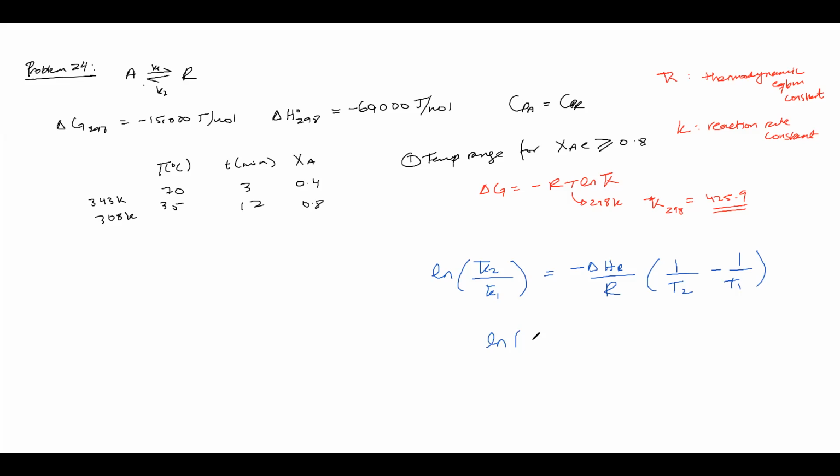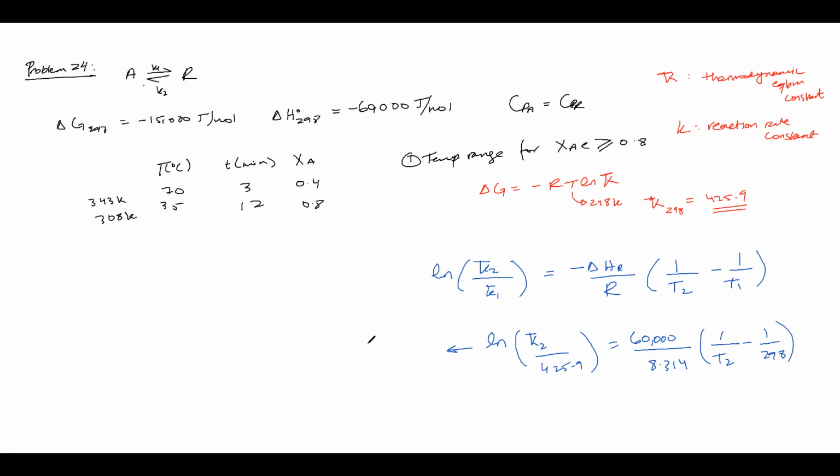So I can use this expression to get ln K2 over 425.9 is equal to minus delta H over R, which is given here. So minus of minus, this will be 60. And again, minus of minus, so this entity here will be positive, right? Over 8.314 into 1 over T2 minus 1 over 298, right?